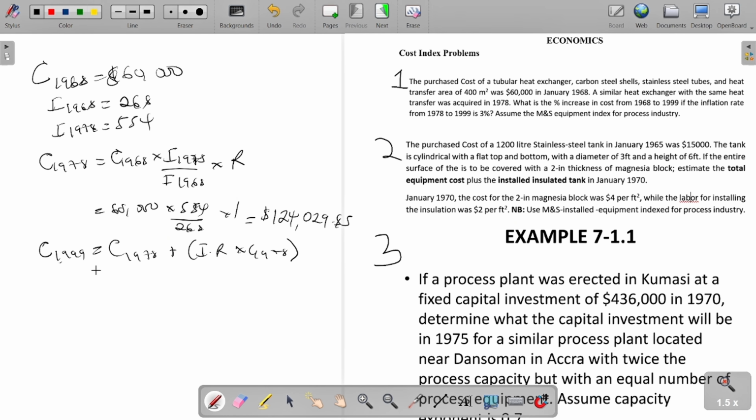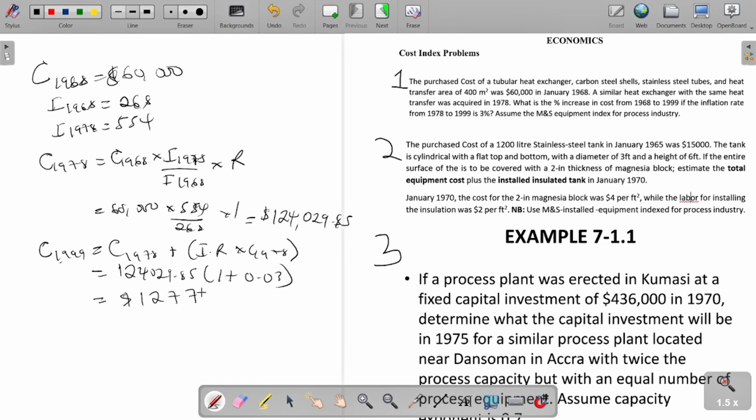That's why we had to calculate the cost in 1978 first. So it will be 124,029.85 times 1 plus 0.03. If you factorize it out, you get 1 plus 0.03, because the inflation rate was 3%, so 0.03.